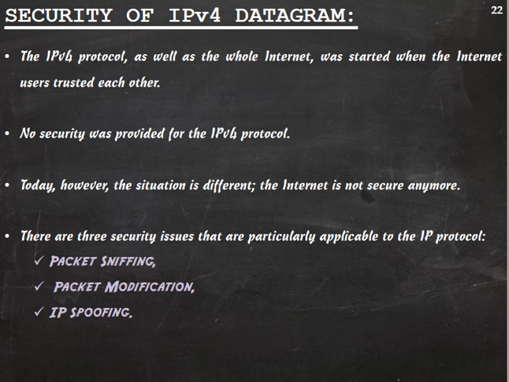The problem with this kind of security issue is that it is very difficult to detect the attacker, because the sender or the receiver may not come to know that the packet has been copied. The original data that was sent remains as it is. So packet sniffing cannot be stopped. However, encryption of the packet can be used so that the attacker's effort is made useless.